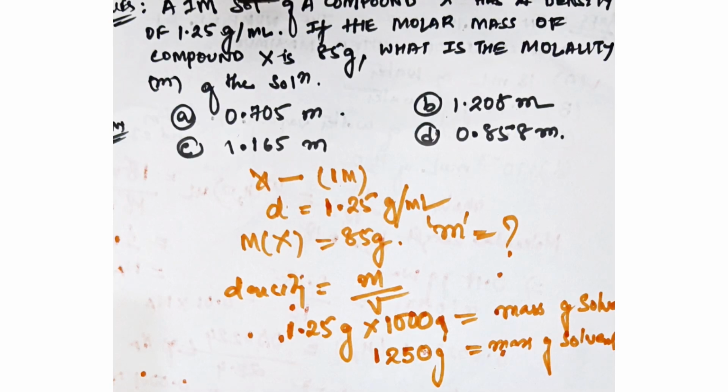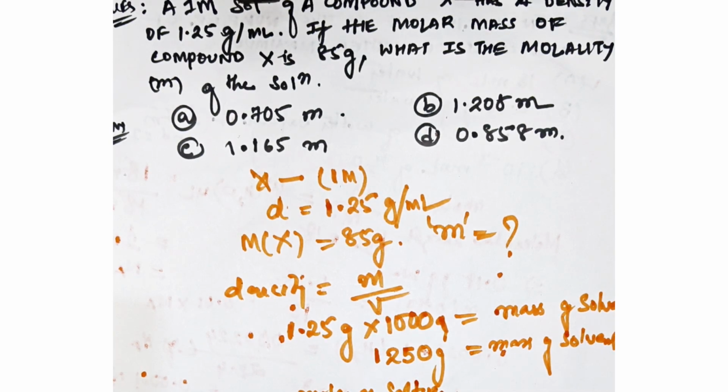Now molality of anything is nothing but moles of solute divided by mass of the solvent in kg. This is the formula we have discussed in the other class.